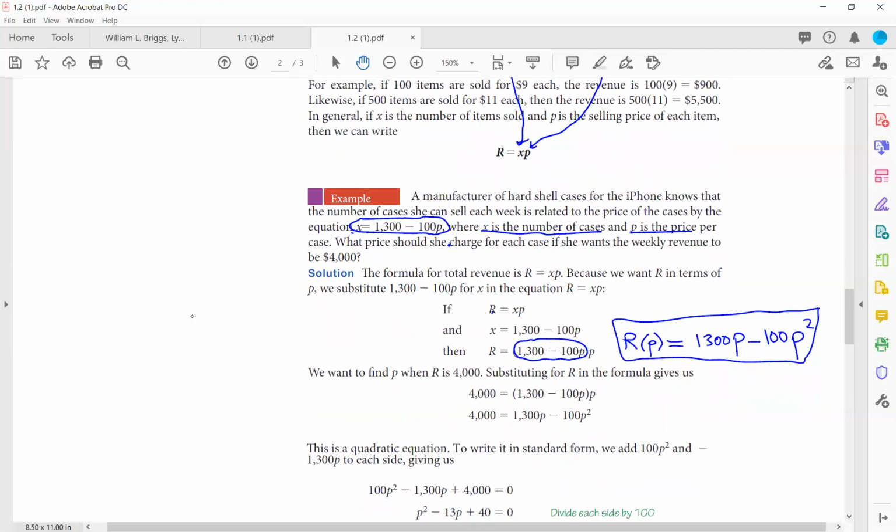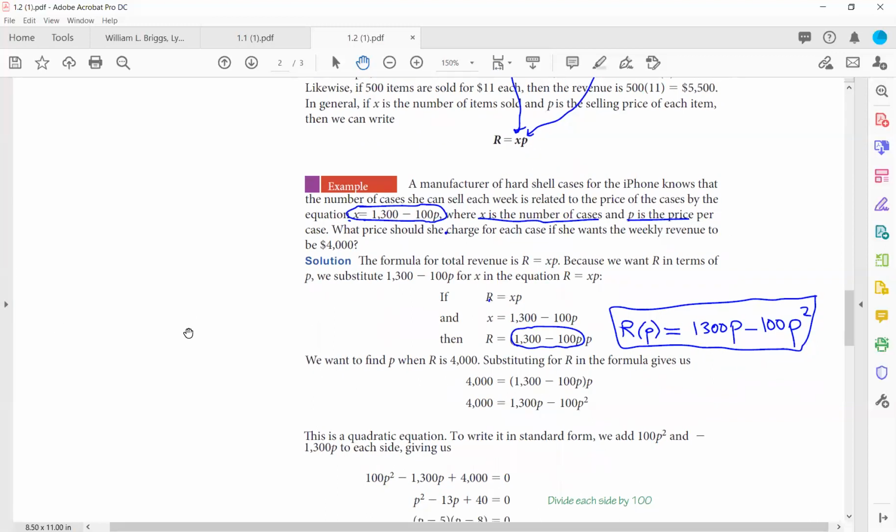We can subtract 1,300P from both sides and add 100P squared to both sides. So we subtract 1,300P and we add 100P squared to both sides to form a quadratic equation.